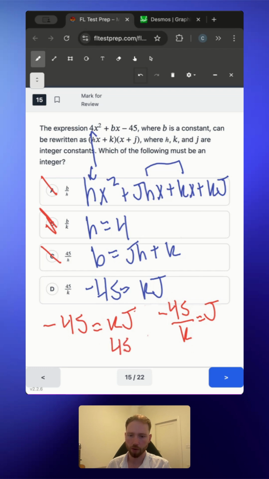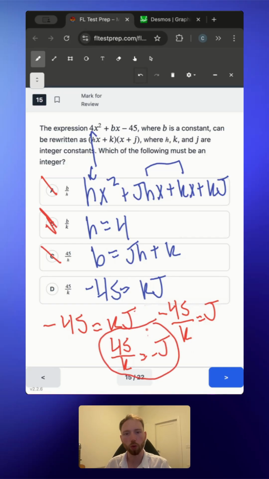I can get 45 over k equals negative j. This is a whole number. And the reason why this is an integer or a whole number is because it tells me h, k, and j are integers. So if it equals a negative j, it means it equals a negative integer, which is still an integer. So since j is an integer, I know 45 over k will equal a whole number. So D is the correct answer for this question.